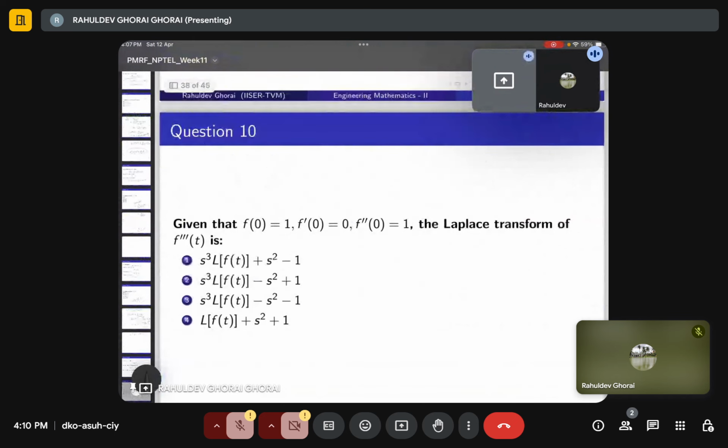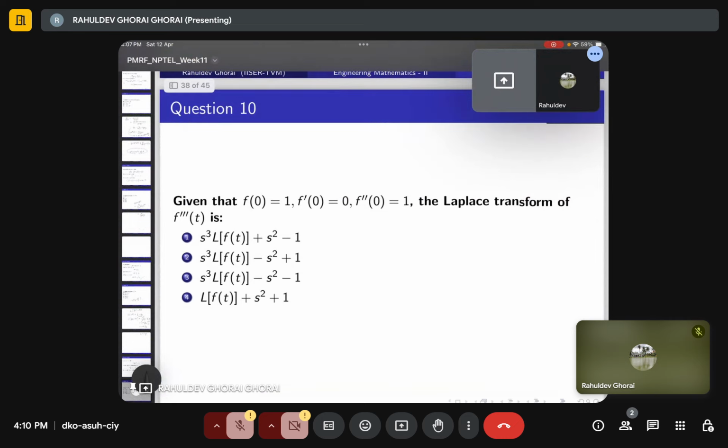So move further, given that f(0) is equal to 1, f dash 0, then Laplace transformation of f triple dash t.